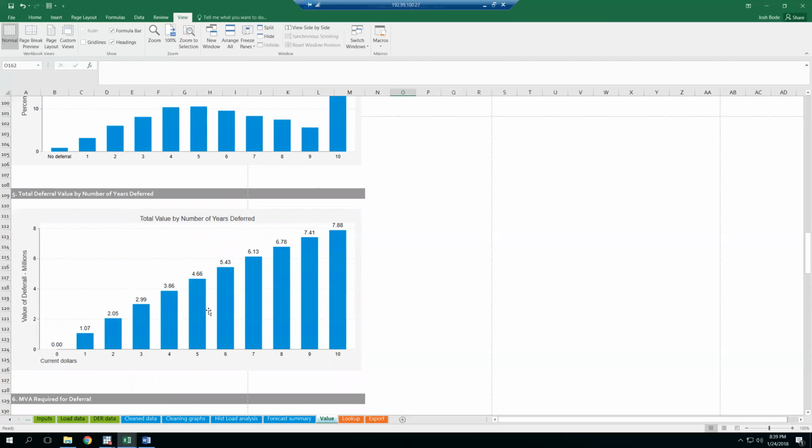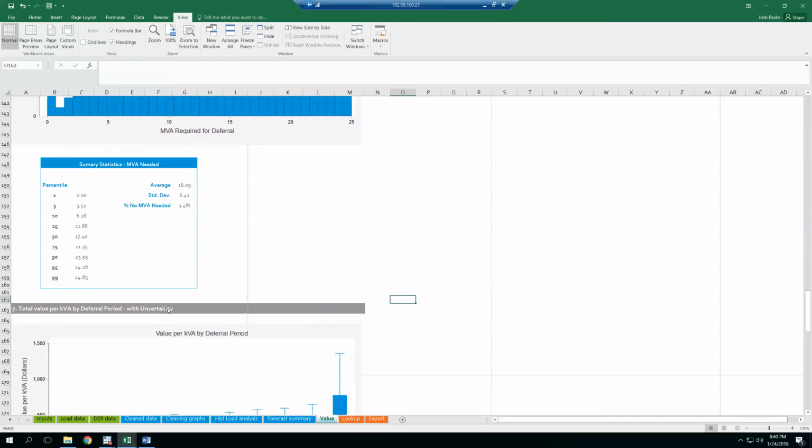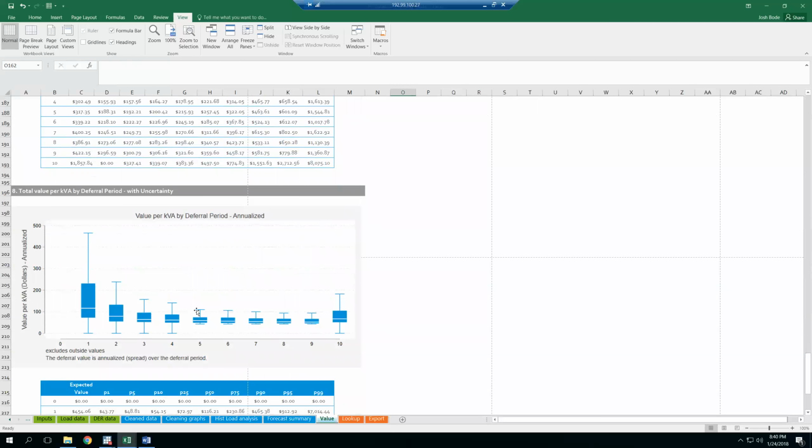We haven't annualized it. In practice, we can take this value right here, and because we're going to have 5 years of deferral, annualize it or spread it over the 5 years where you would be having the deferral. So it's essentially a financial calculation that spreads that revenue collection over those 5 years. And in doing so, you get this chart.